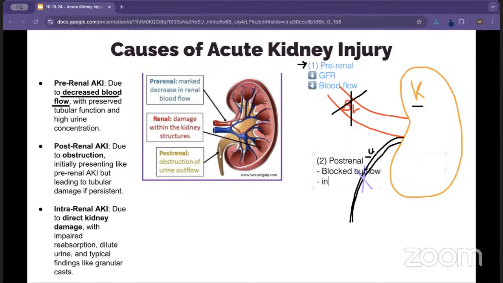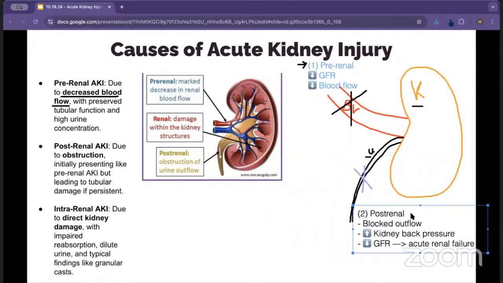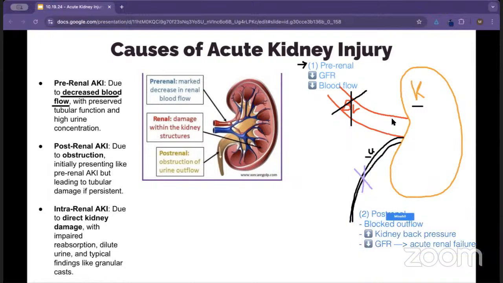That would lead to increased kidney back pressure and also a decreased GFR, which would actually lead to acute renal failure. Post-renal, right? If there's blocked outflow.